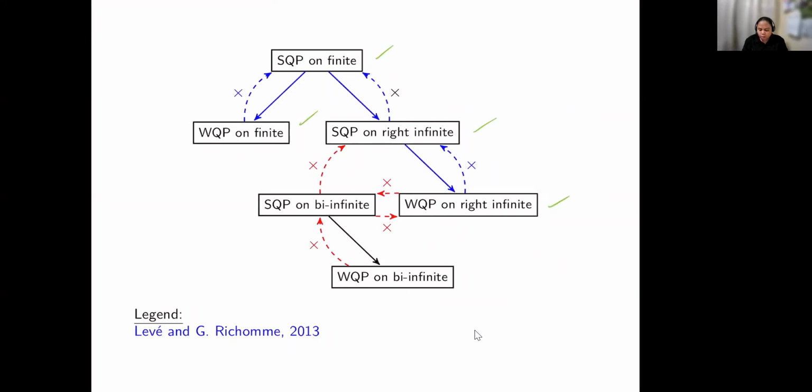So one of our goals is to relate SQP on bi-infinite sequences and WQP on bi-infinite sequences to the previously considered morphisms. In this diagram, the dashed arrows are not true if we have an X here, while if there is no X, that assertion is true.